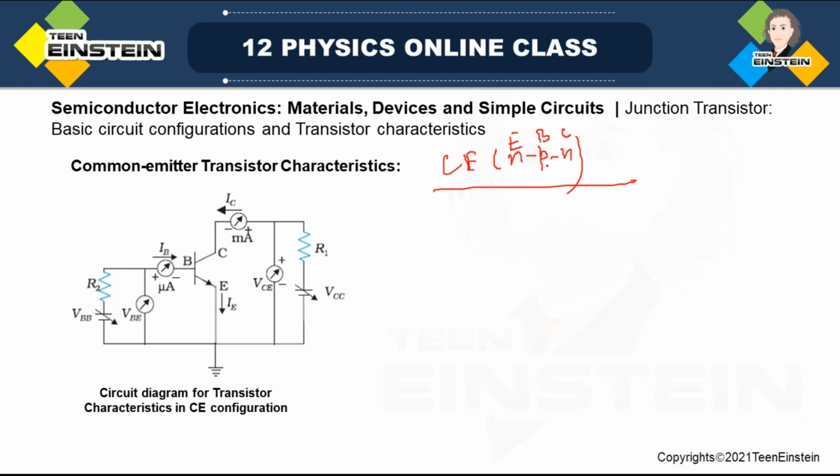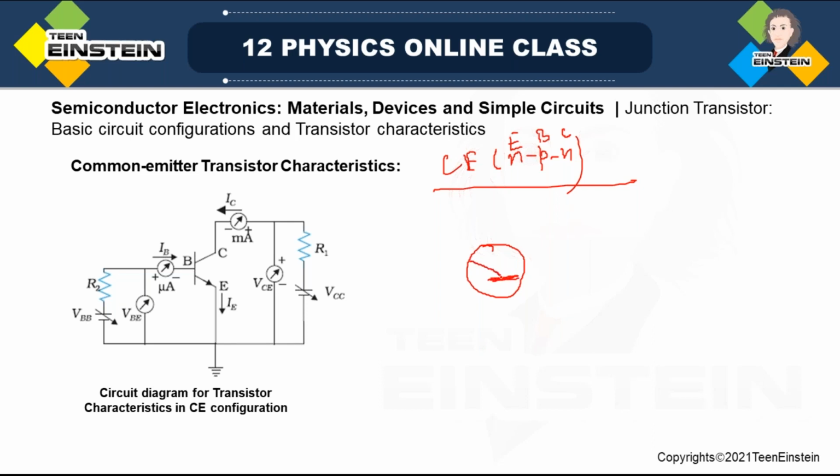So I have taken an NPN transistor and made the circuit diagram in common emitter configuration. As I said, the common terminal has to be grounded. This is the emitter. You might be remembering that the circuit diagram for a transistor is done like this.